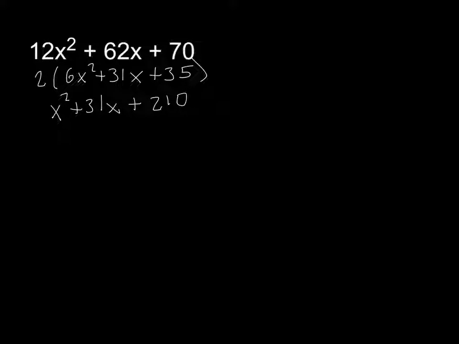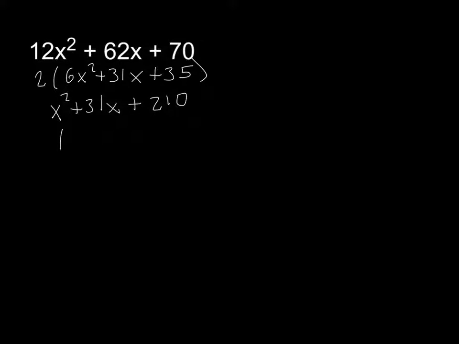210. Now we need to look for the factors of 210 that are going to add up to give me 31. Well, again, I kind of get lucky here because I can see that if I use a factor of 10, 21 times 10 is 210. It also adds up to 31.